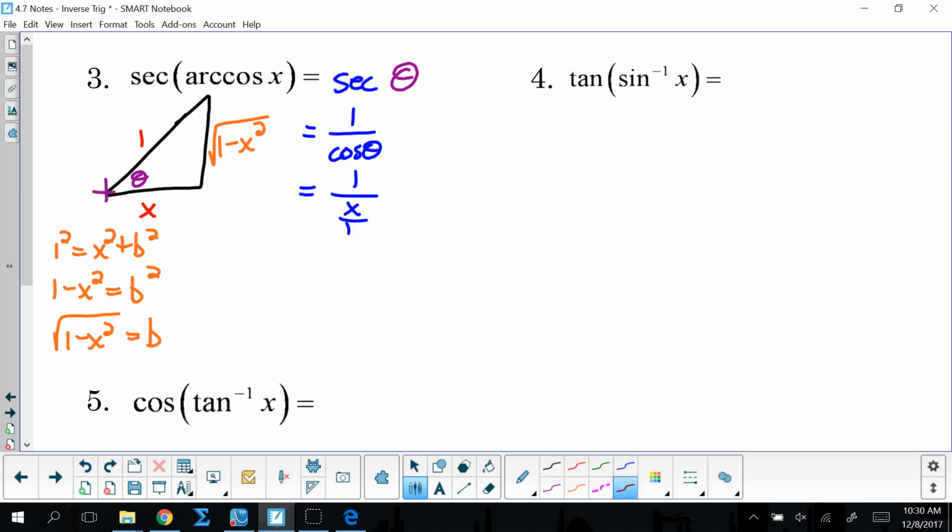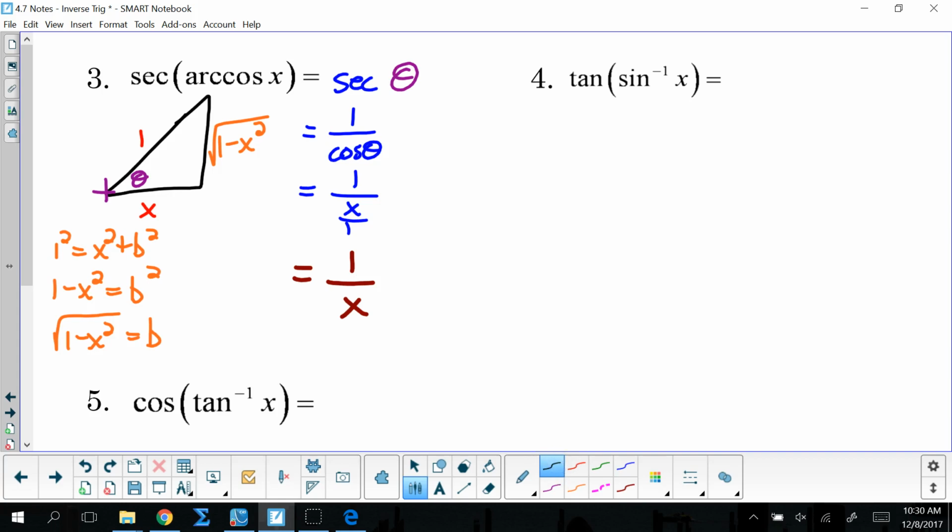So that's going to be 1 over x. Or we could have said secant is hypotenuse over adjacent, because it's the reciprocal of cosine. Gotten right to it.